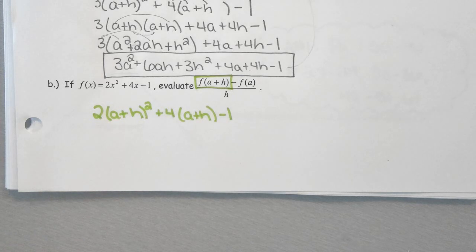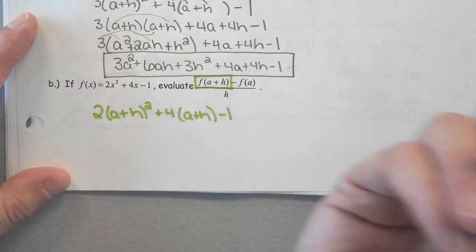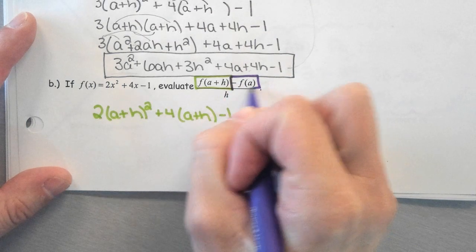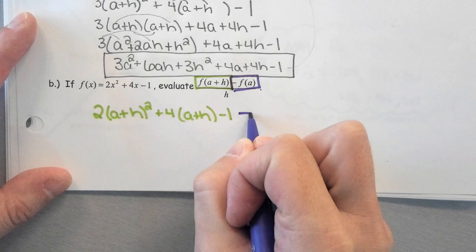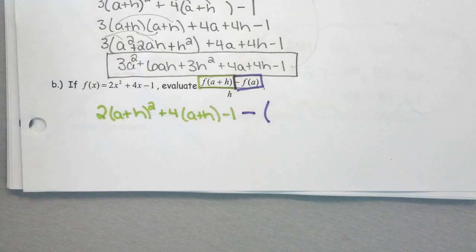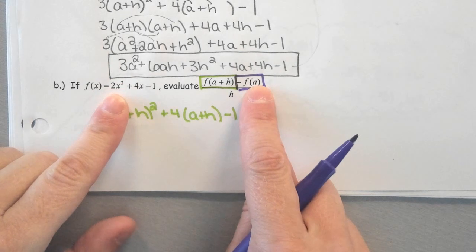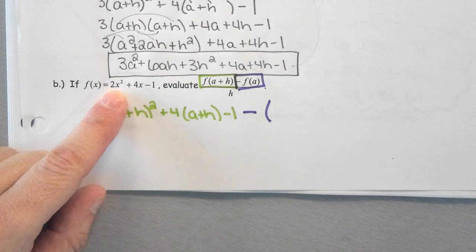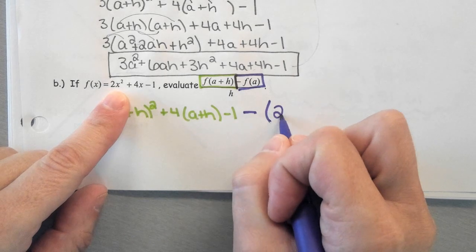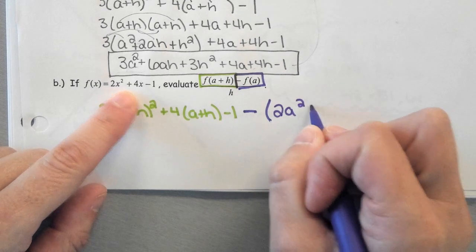Then, I'm going to do this part next. Minus, and I'm going to use a parenthesis because I need to subtract all these things. I'm going to plug in a. So all that does is it changes every x to an a.